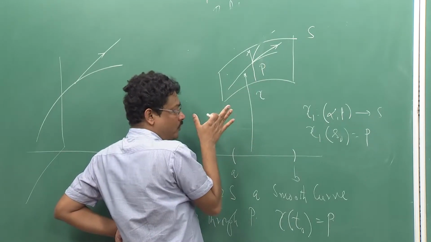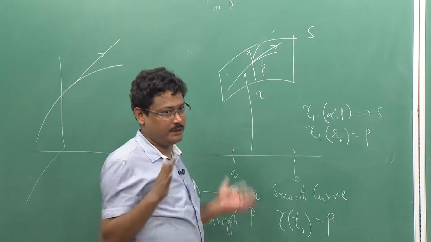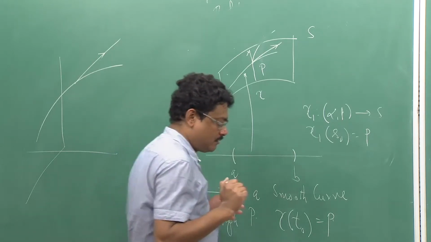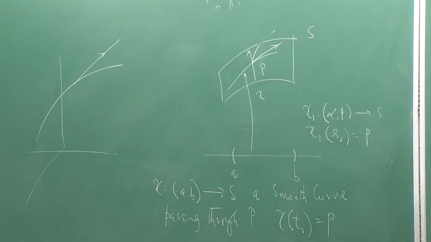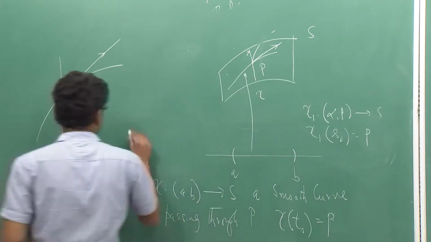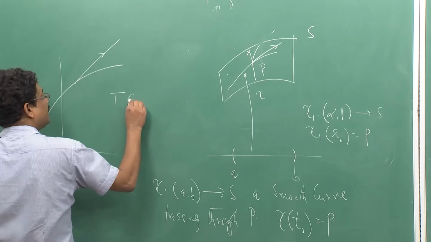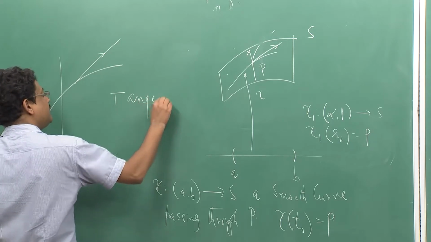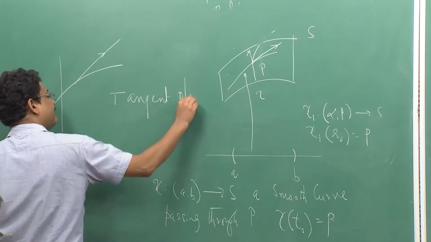So, though it is in R3, it is a 2 dimensional thing, right. So, locally it is 2 dimensional. So, what we define here is not tangent, but so called tangent plane.